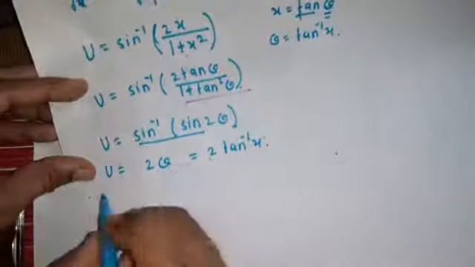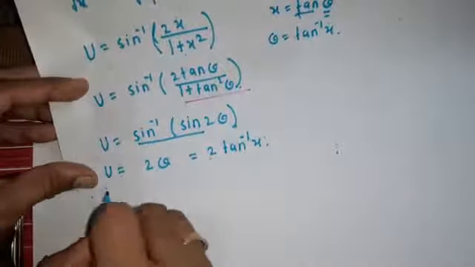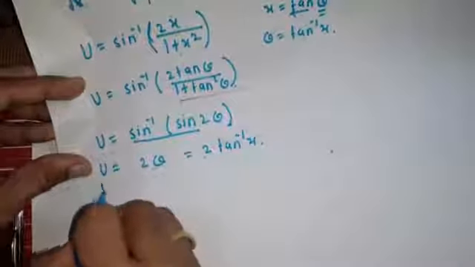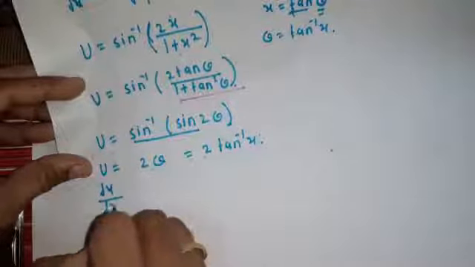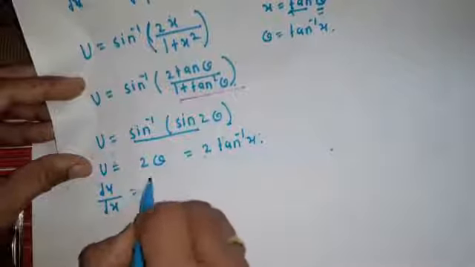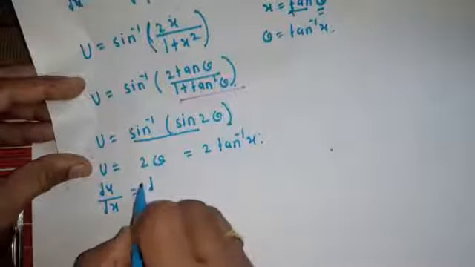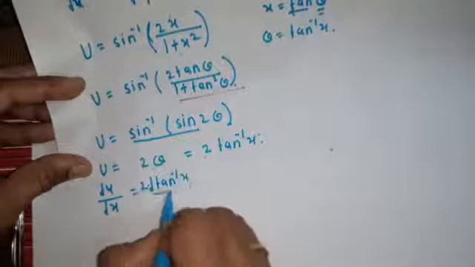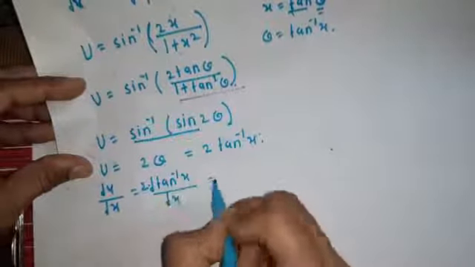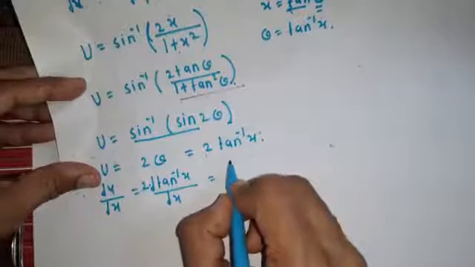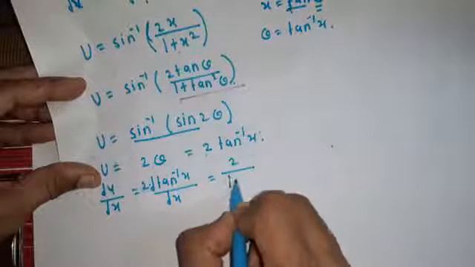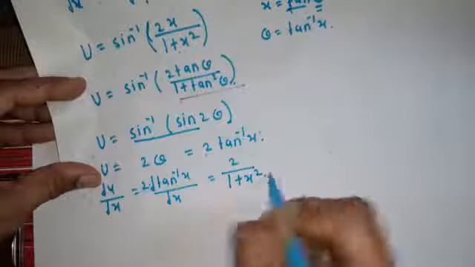Now differentiate with respect to x. Therefore du by dx equal to 2, as a constant, times the differentiation of tan inverse of x with respect to x, and the differentiation of tan inverse of x is 1 upon 1 plus x square.